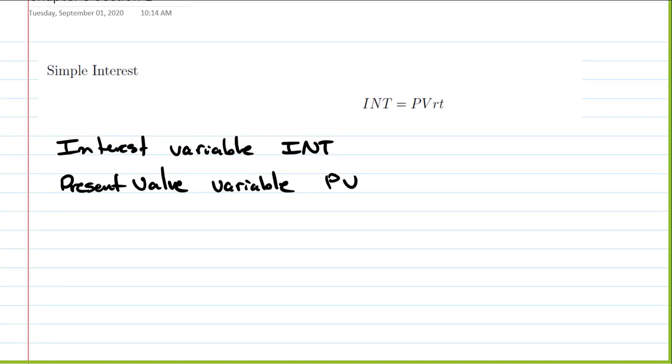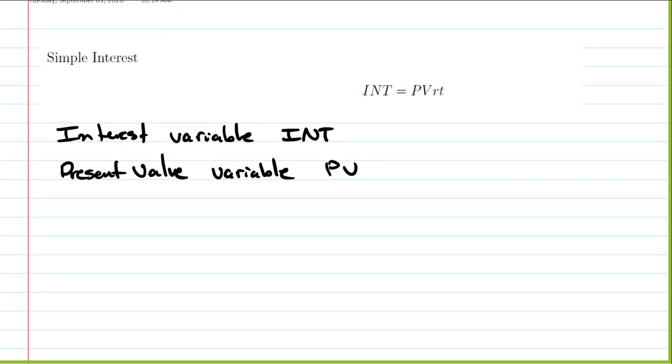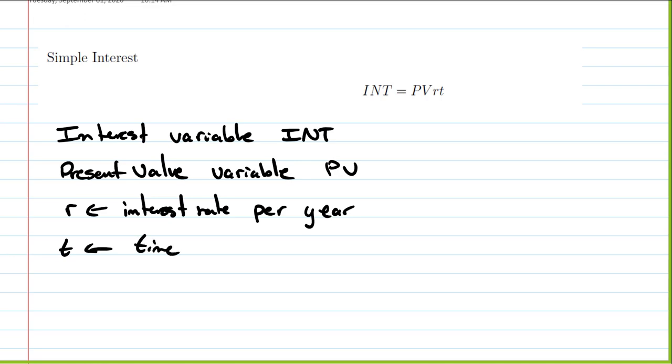When we see R in a book on finance, R will always be the annual interest rate, or the interest rate per year. And T will be time, and in this format, it will be in years.